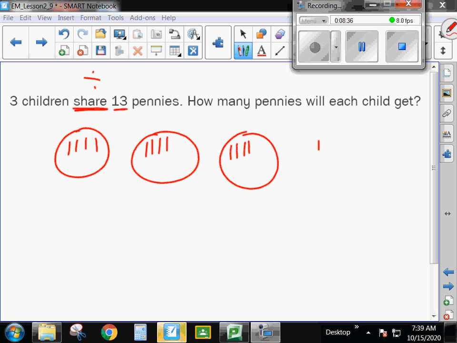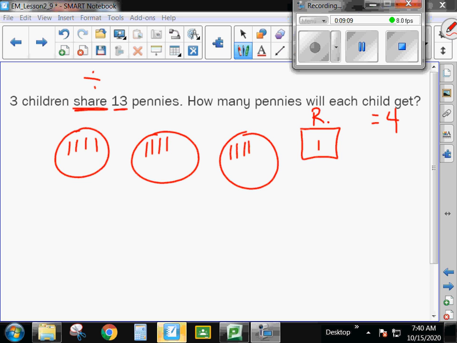I'm going to put that 13th penny out here because it's not really fair when we're dividing something up equally. It's not really fair that one person gets more, right? So when we're talking division, we're always talking about equally sharing. So how many pennies will each child get? My answer is going to be 4, right? Each child can get 4 pennies. Now I also have 1 penny left over.